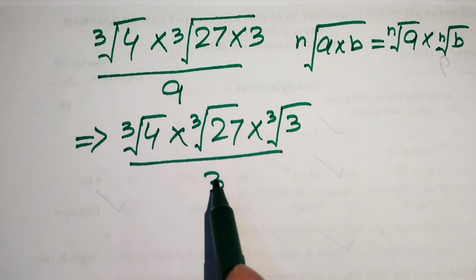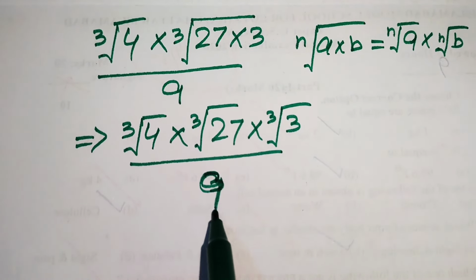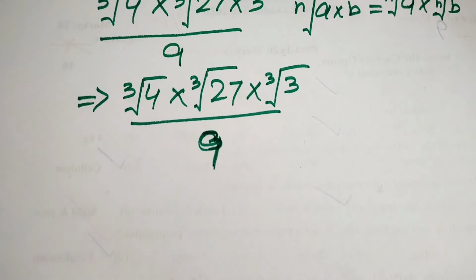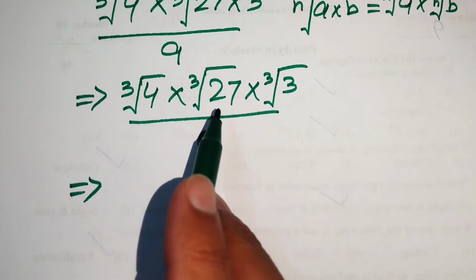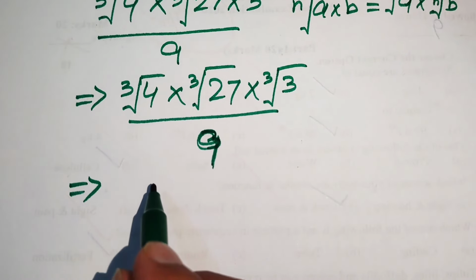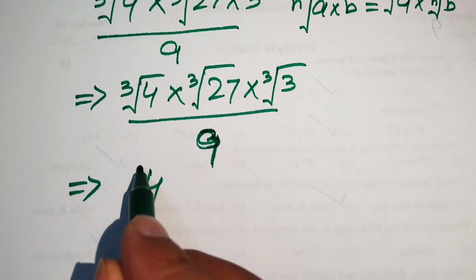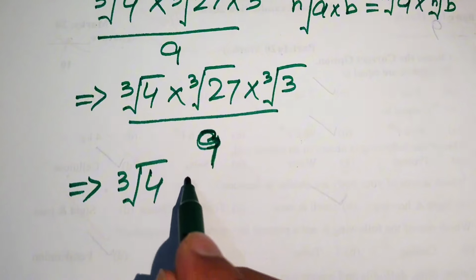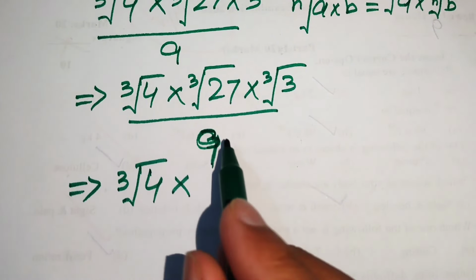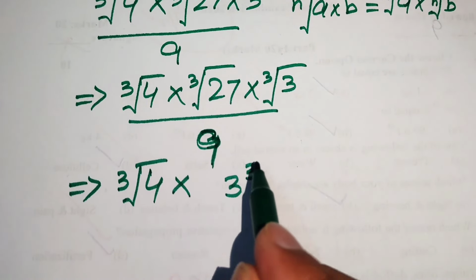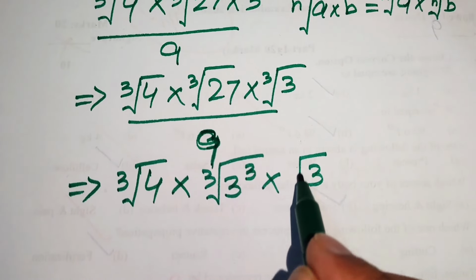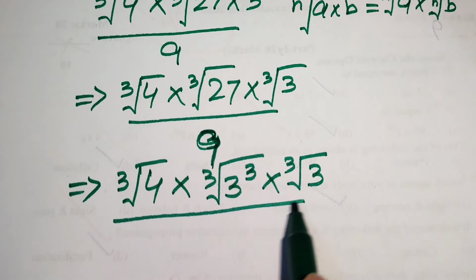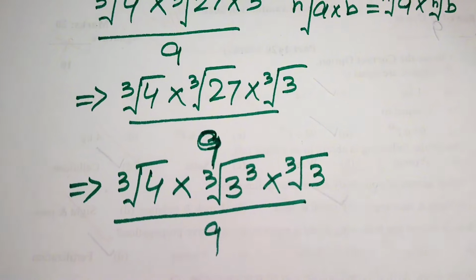So this is our 9. In the next step we write 27 as 3 cubed, so we write it as the cube root of 4 multiplied by the cube root of 3 cubed, multiplied by the cube root of 3, divided by 9.